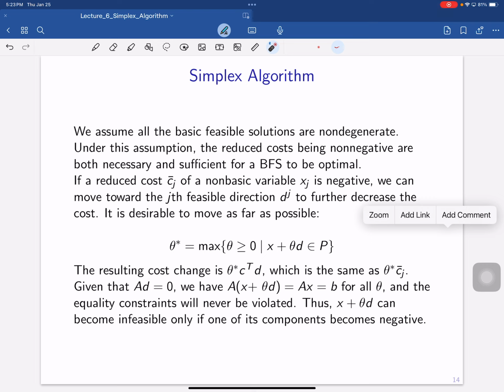Oh yeah, you are raising another point which I'm not going to cover. That's a very essential decision in the simplex algorithm. I mean, there might be many variables where the reduced costs are negative, right? Which one do you pick? That's an important decision in the simplex method. We are not going into the detail of that. Let's just assume we pick a random one. Usually there are different rules you can use to choose those variables.